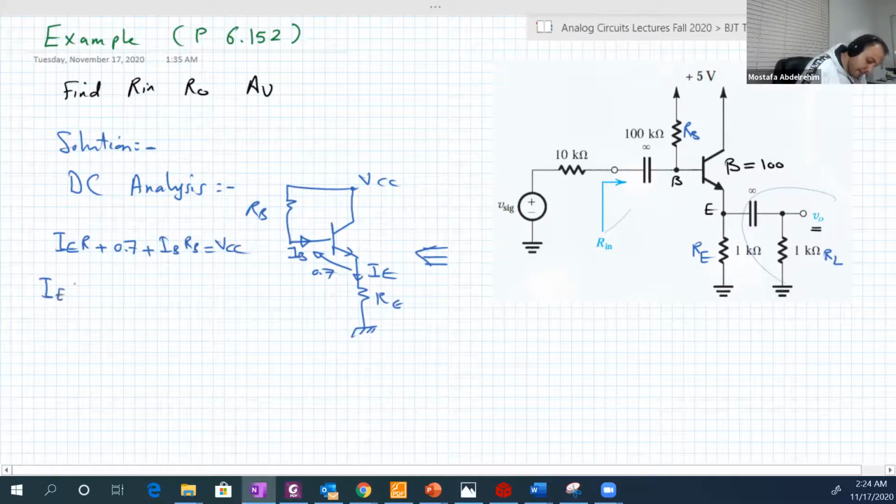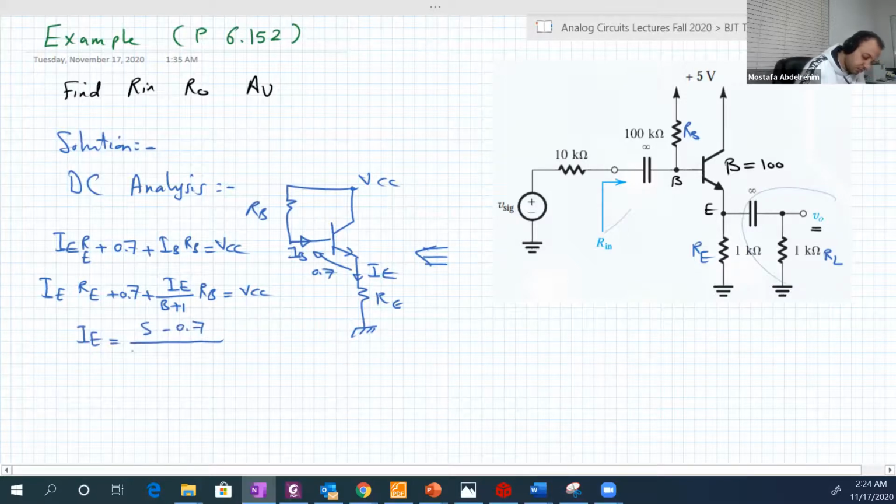IE RE plus 0.7, and IB is IE over beta plus 1, and you can ignore the 1, that's fine also, times RB equal to VCC. So IE equals 5 minus 0.7 over RE plus RB over beta plus 1.